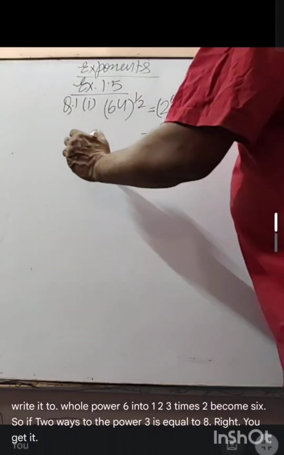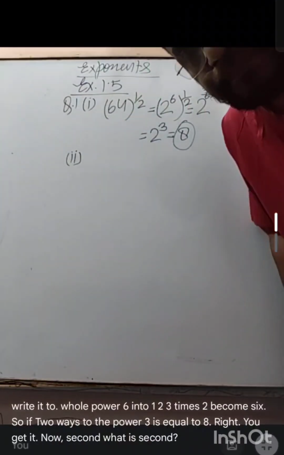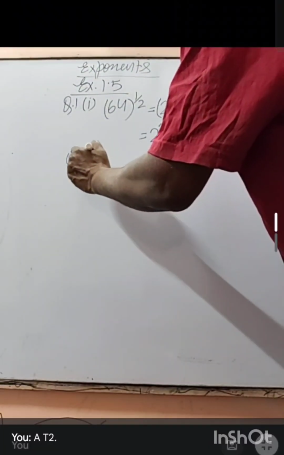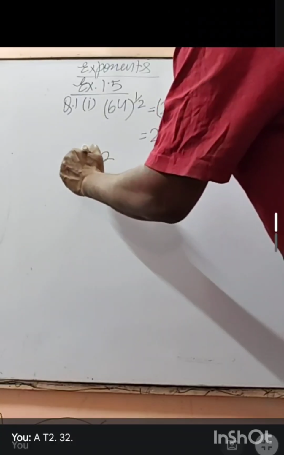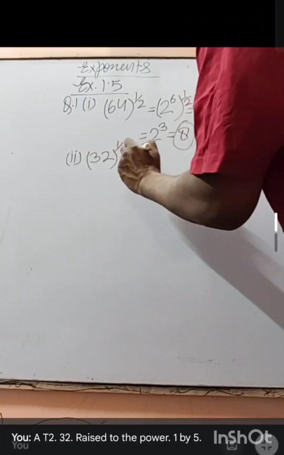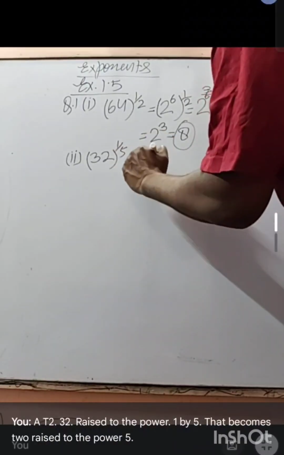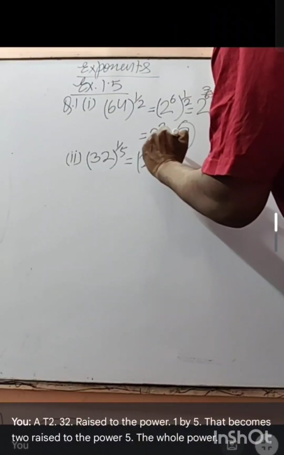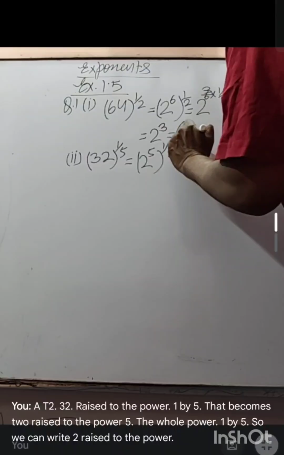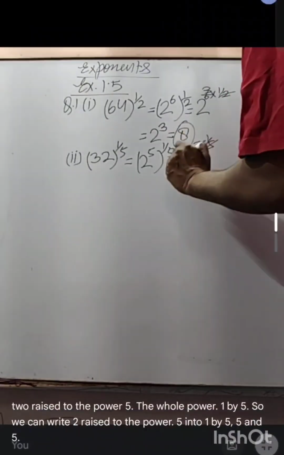Now second: 32 raised to the power 1/5. That becomes 2 raised to the power 5 whole power 1/5. So we can write 2 raised to the power 5 into 1/5. 5 and 5 cancelled.